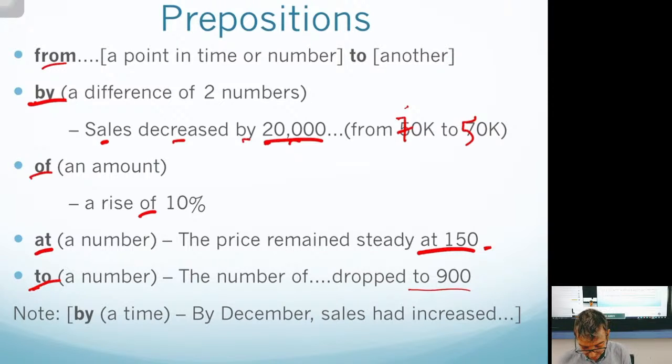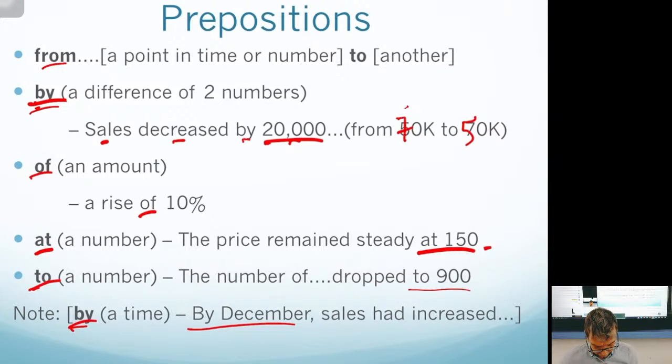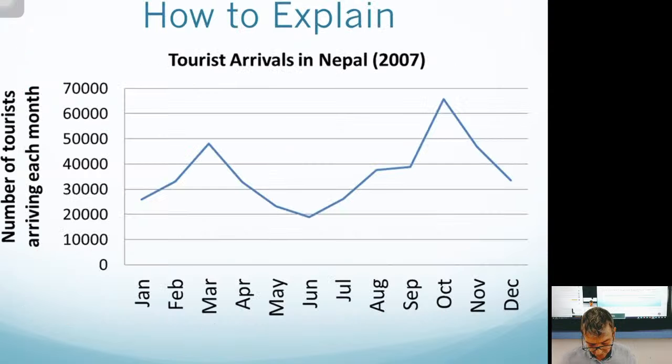Also to note with by, there is also another way you can use it, and that's just with a date. So up until start or something. So a point in time, like arriving at a point in time, by December, sales had increased by this point in time.